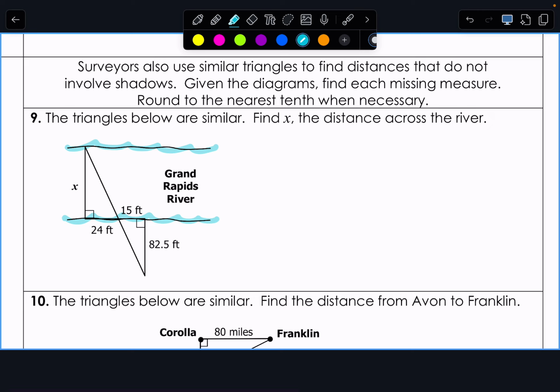No, we're not going to walk across the water. So we need to find a different way to figure out that distance. What the surveyor can do is walk along the river and measure a distance. He can walk perpendicular to the river and measure a distance. And hey, now we have similar triangles.